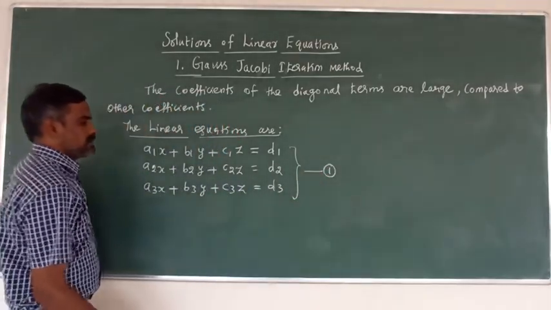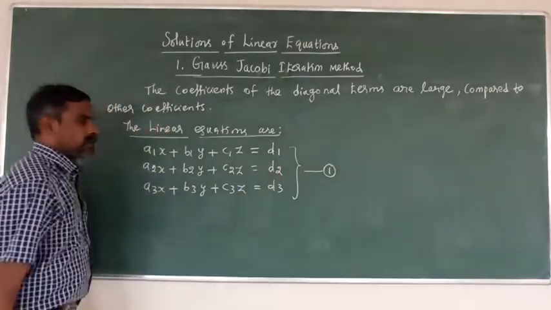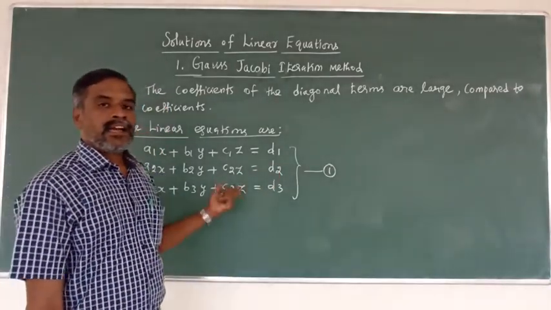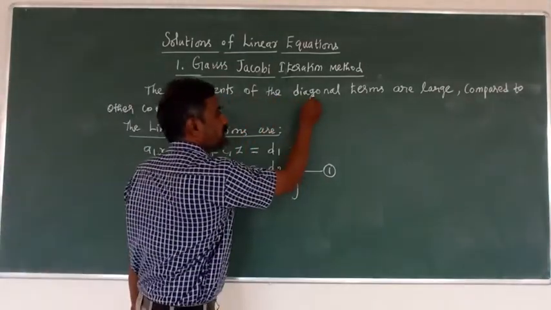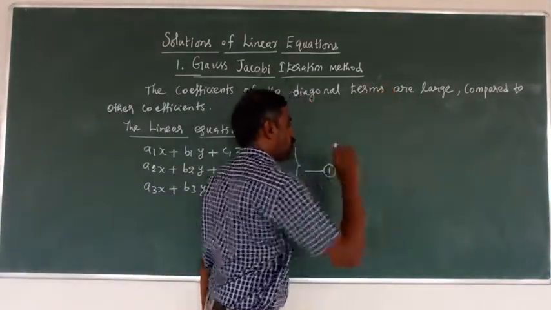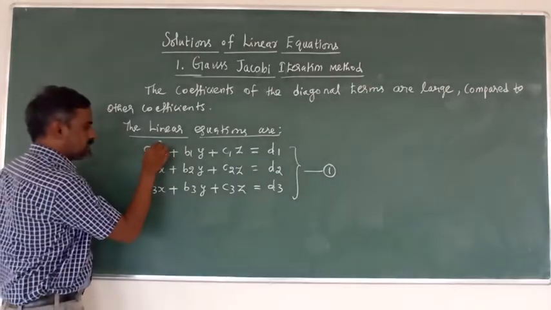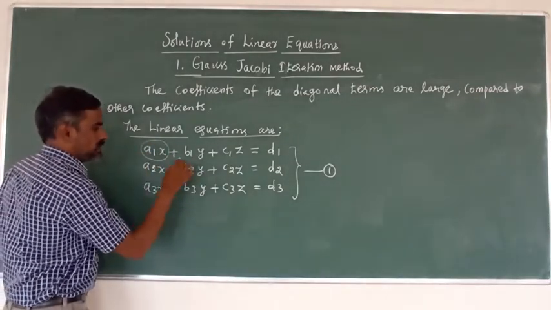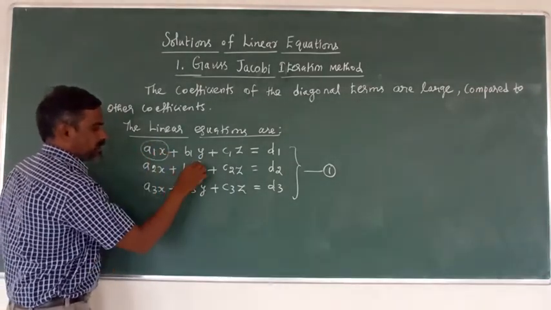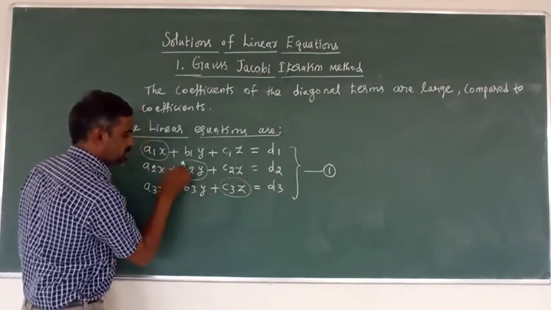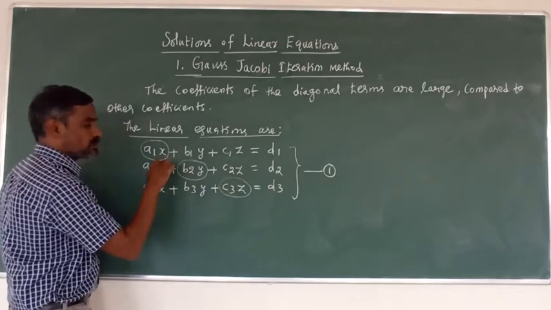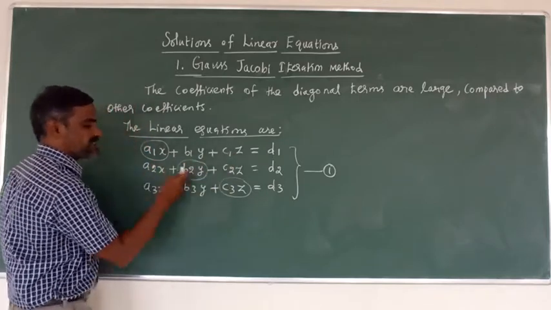Now this is a linear equation system. To check that the coefficients of the diagonal terms are large, we check equation 1, equation 2 and equation 3. The diagonal terms are large compared to the other coefficients.